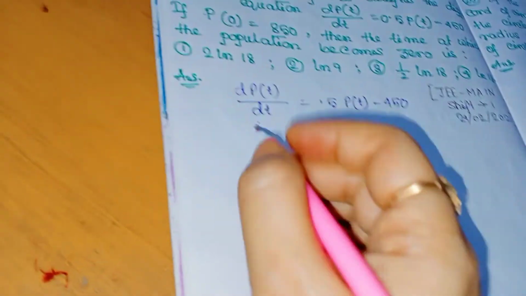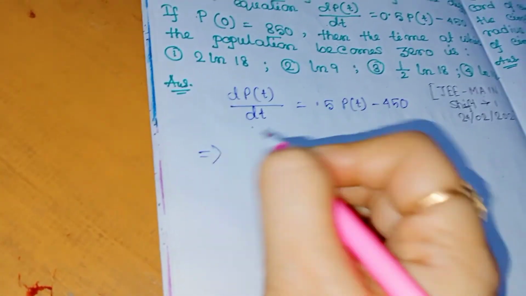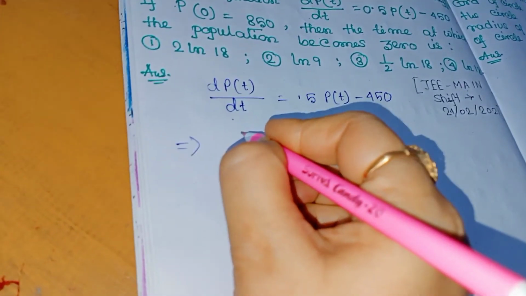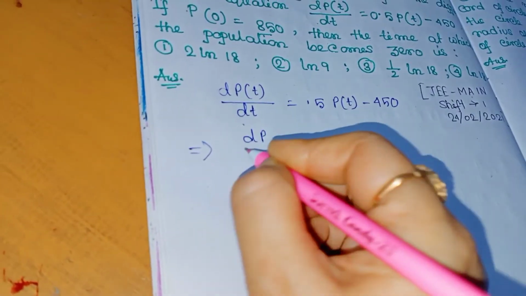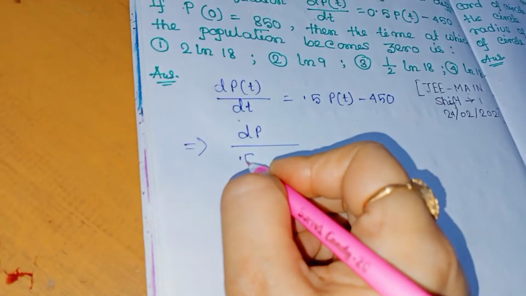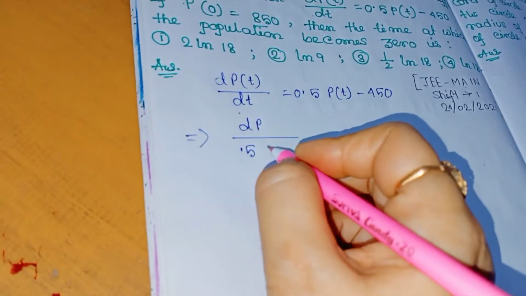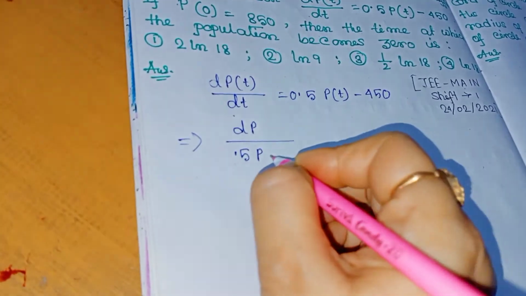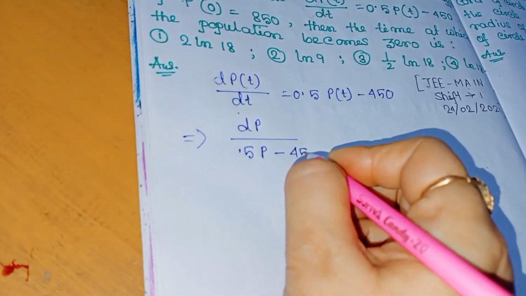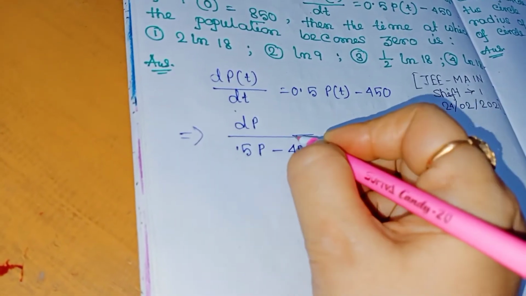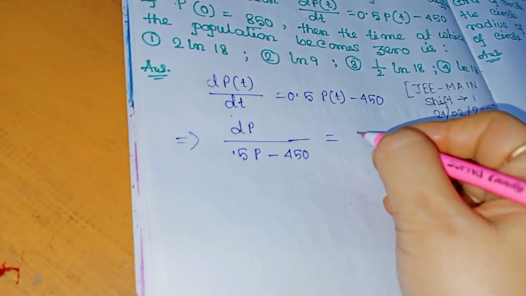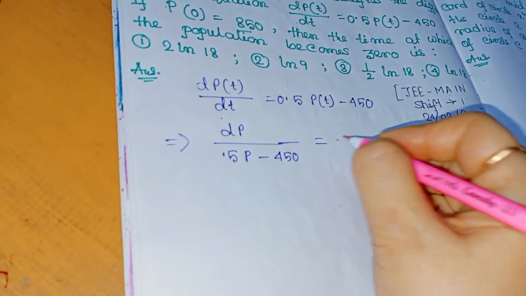Simplifying this, we get dP divided by (0.5 P minus 450) is equal to dt.